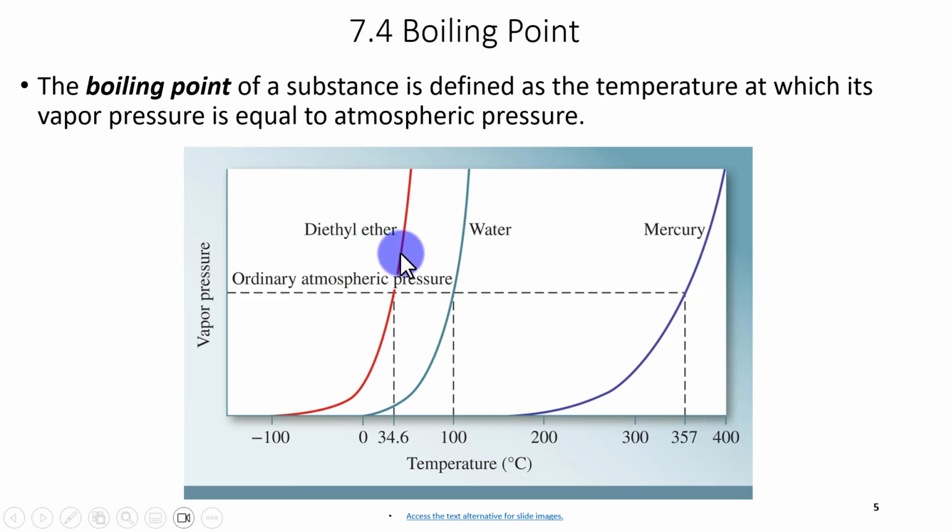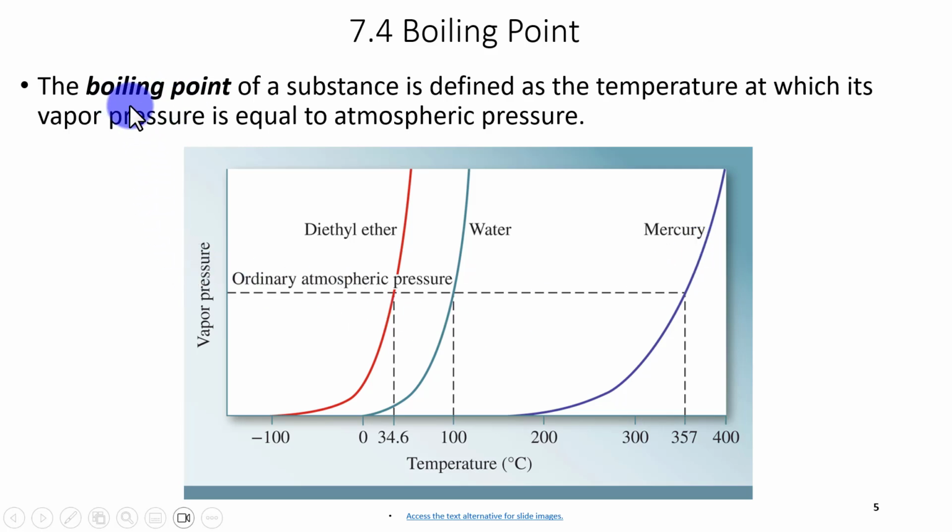That means it only has pretty much dispersion forces. Water, on the other hand, is a polar molecule that can hydrogen bond, so it's got a much higher boiling point. Mercury is a metallic bonding. So there's metallic bonding in mercury, and therefore it is much higher than even water because the intermolecular forces are higher.